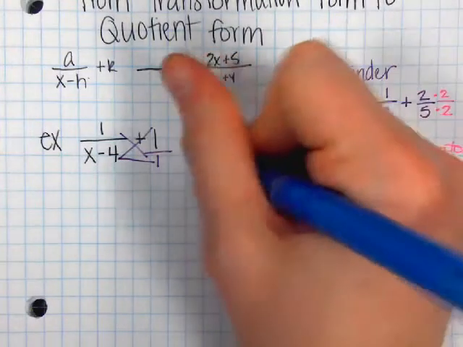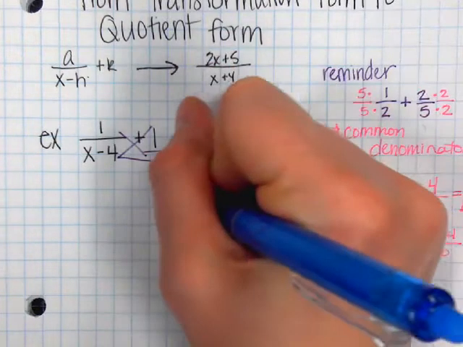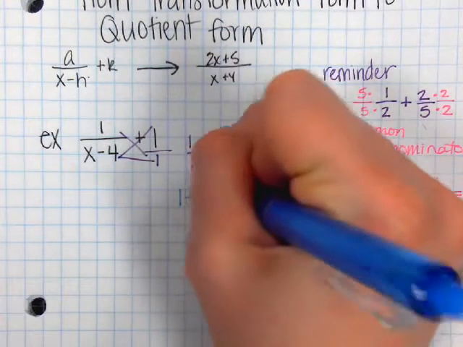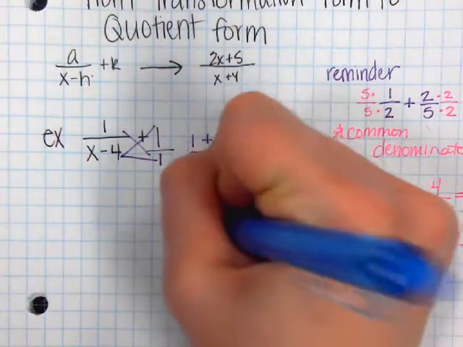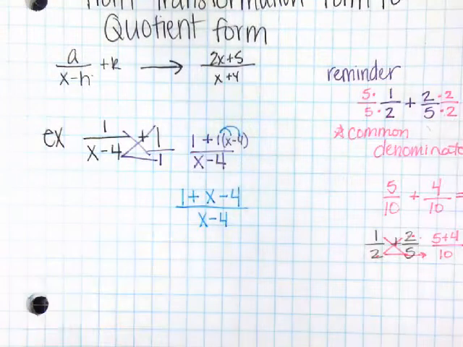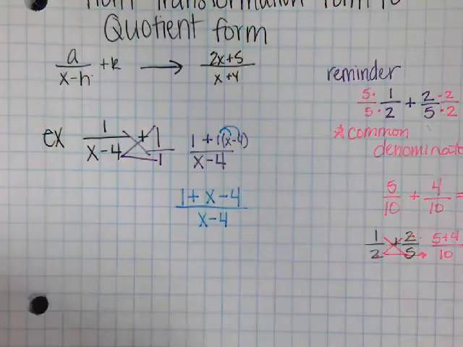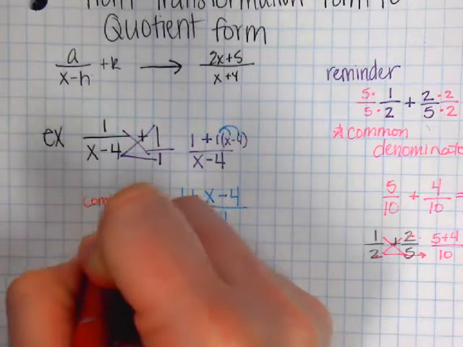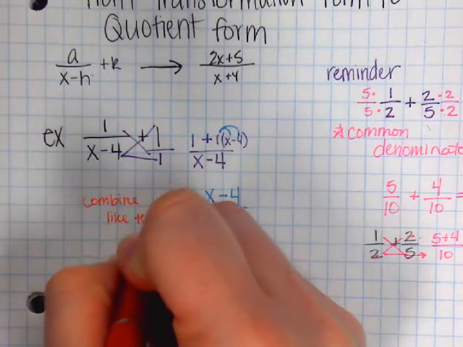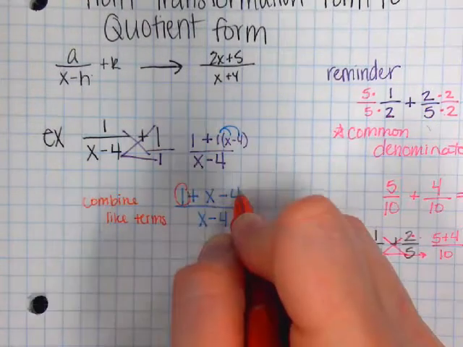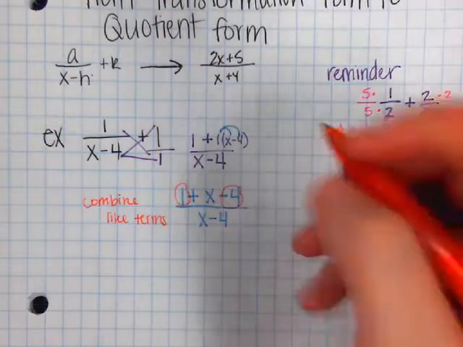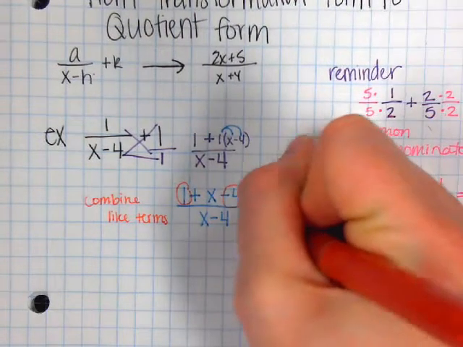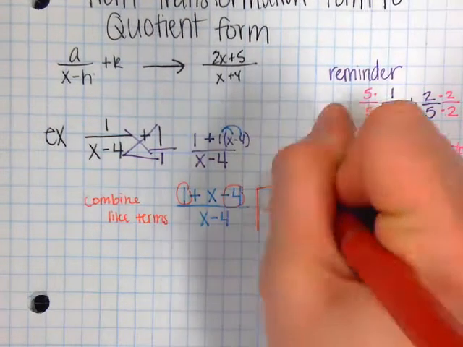Okay, distribute the 1. Well, we know 1 times anything is just anything, so it would be 1 plus x minus 4 over x minus 4. Then just combine like terms. So 1 minus 4 is negative 3. So it'd be x minus 3 over x minus 4.